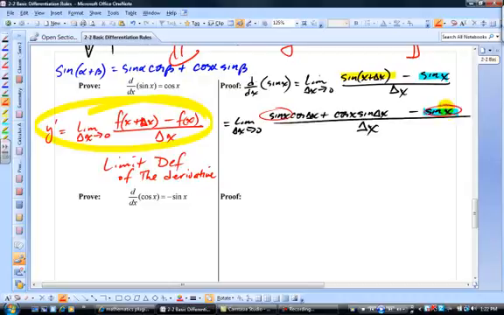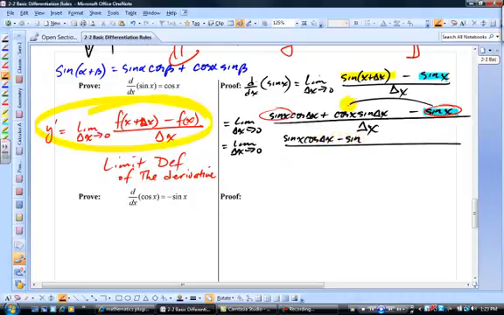So I'm going to group up those terms and distribute out the sine and see if I can find any special limits, because they're hidden in here. So I'm going to take the limit as delta x approaches 0 of sine x times cosine delta x minus sine x. I'm just going to bring this over here and rewrite the terms, plus cosine x times sine delta x, all divided by delta x.